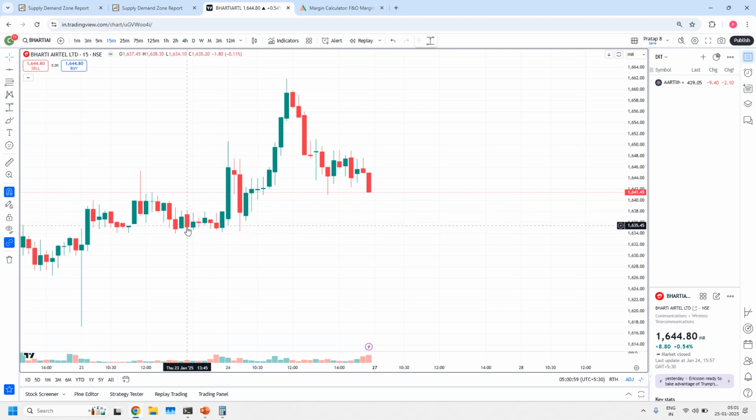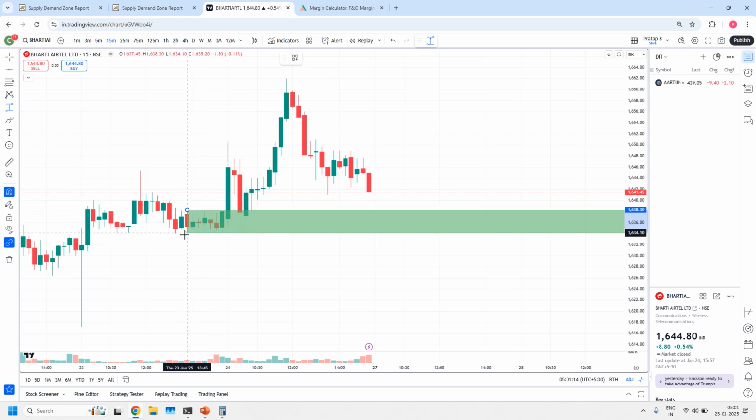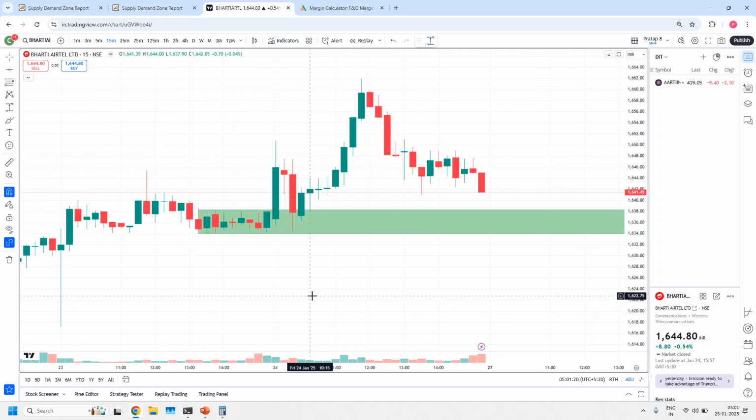See, this is the drop candle. You have 1, 2, 3, 4, 5. A medium size candle is also part of the base. Now drop base rally. So this is the highest wick, and the lowest wick, I think this drop candle is having the lowest wick. Sorry, this is the drop.